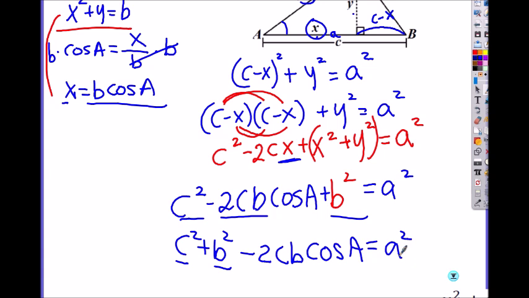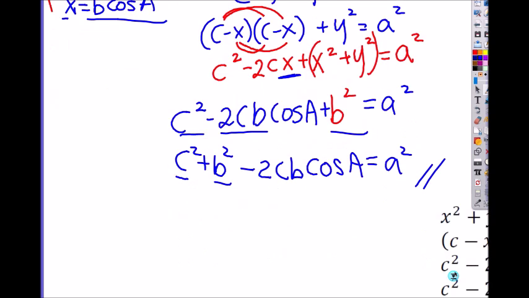Remember this law of cosine? So here's the end of the proof, and it will work for all the other sides. So if you're starting from b squared, okay? That's the end of the proof.